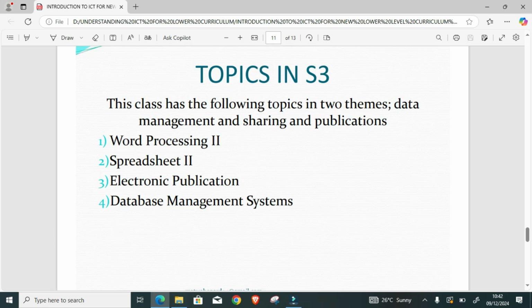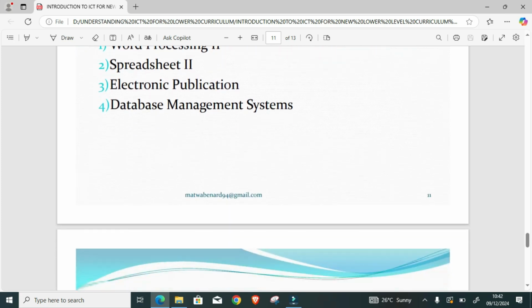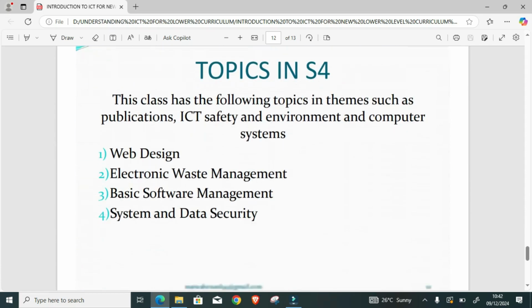So I have spreadsheet 2 using Excel. Electronic publication, that is using Publisher. And senior 3 concludes by covering database management systems, designing a database using Microsoft Access.